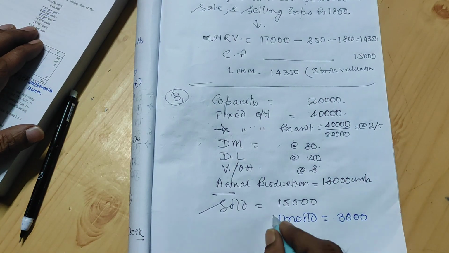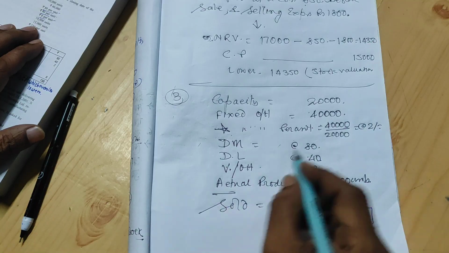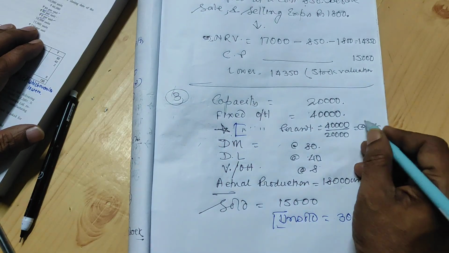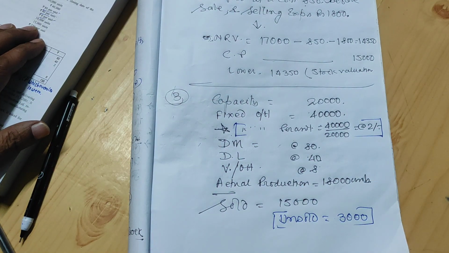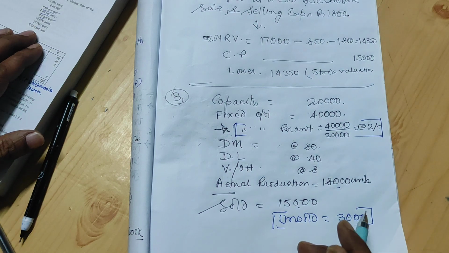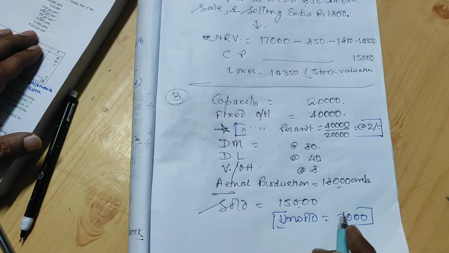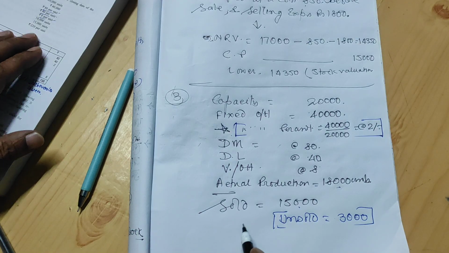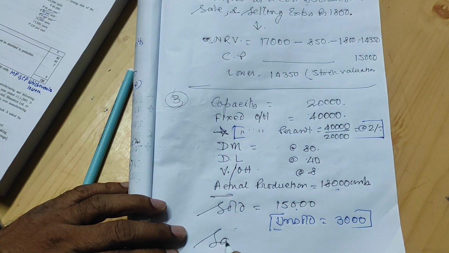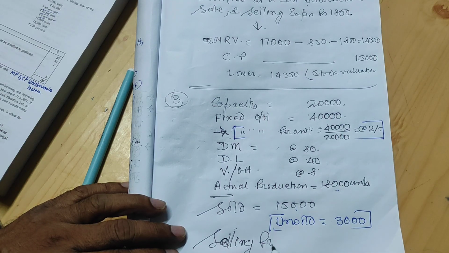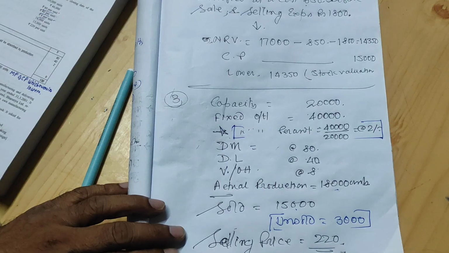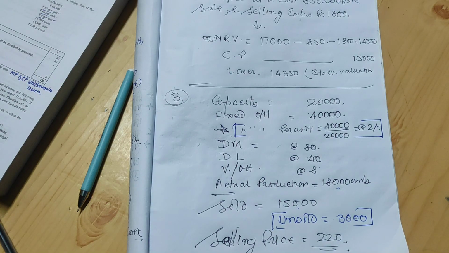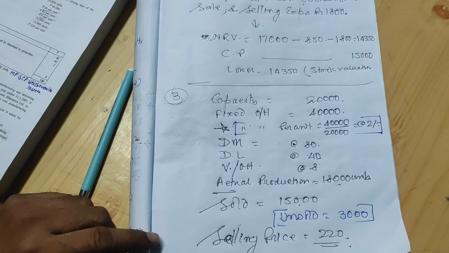Your production was, this is my workings, 3,000 is the unsold. Selling price is 220. Fine.